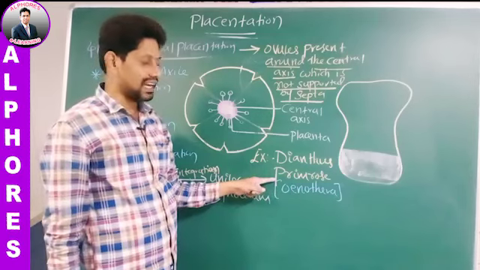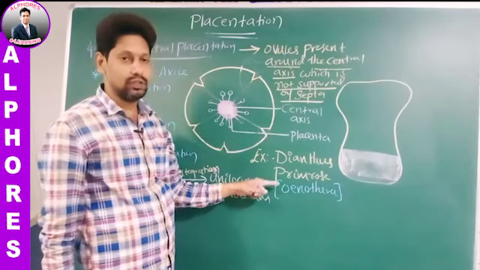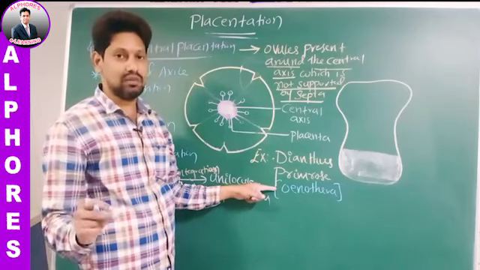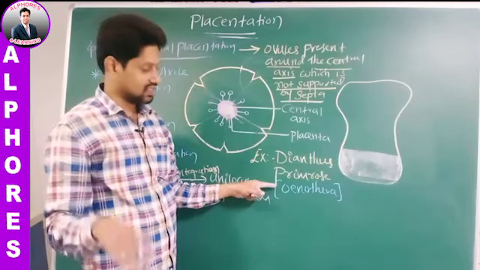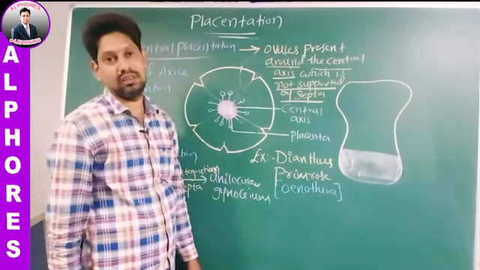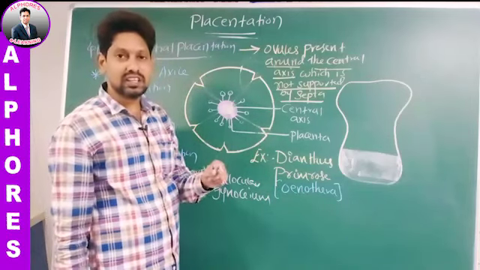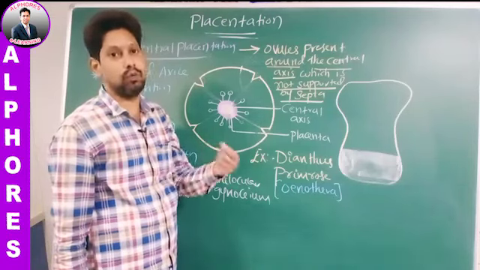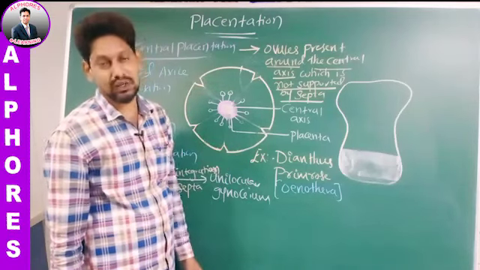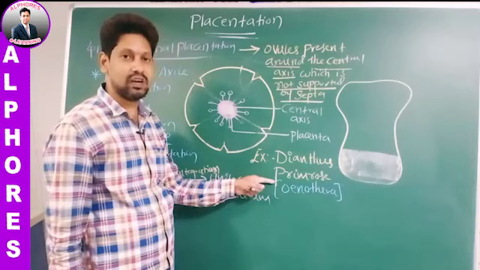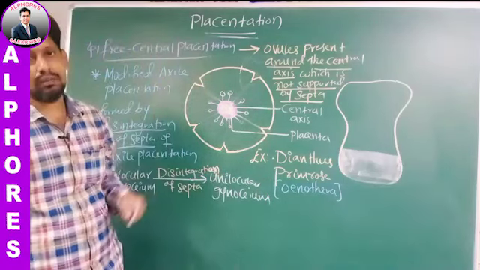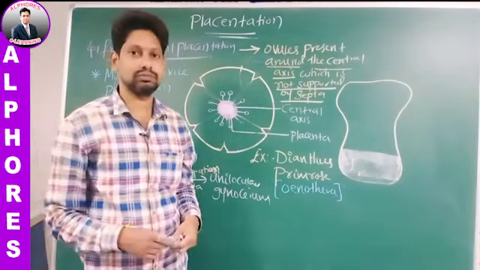You will get a statement concerning Oenothera in second year: in plants, mutations were first discovered by Hugo de Vries, H-U-G-O, Hugo de Vries, in the Oenothera plant. This is free central placentation, right?